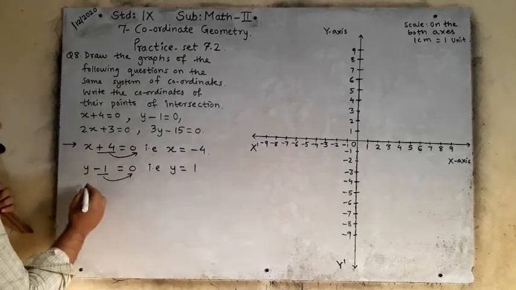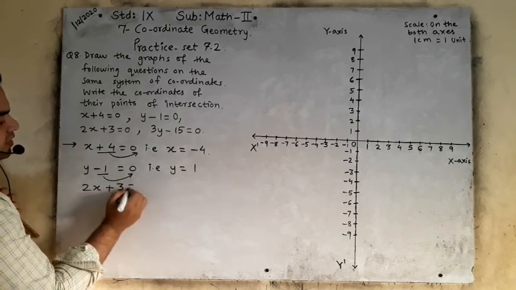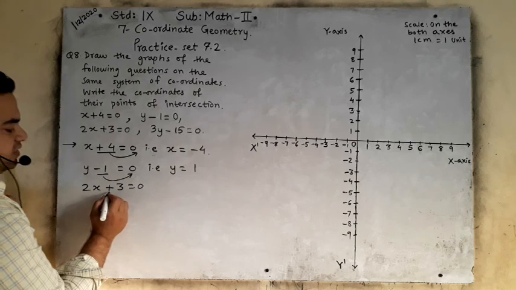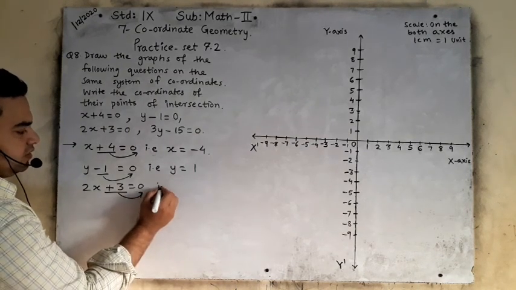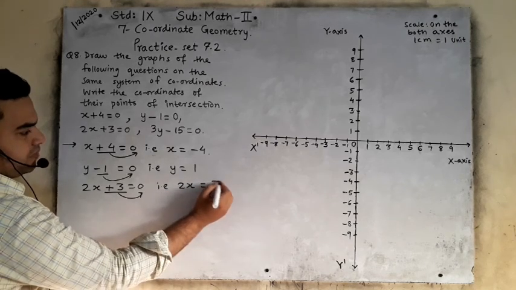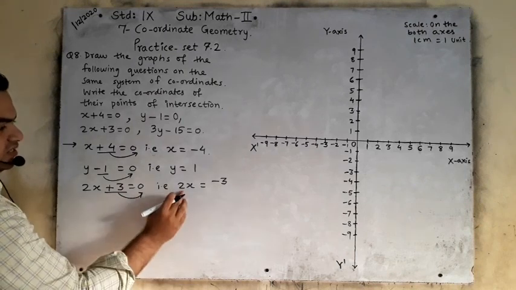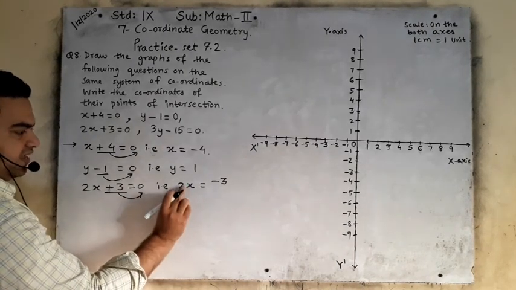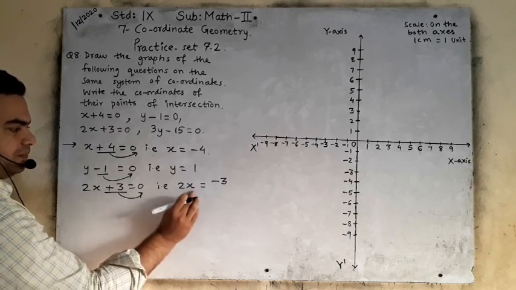Now solve this one. 2x plus 3 is equal to 0. So first this plus 3 will go there, and you will say 2x is equal to minus 3. Now 2 and x have multiplication between them. 2x means 2 multiplied by x.